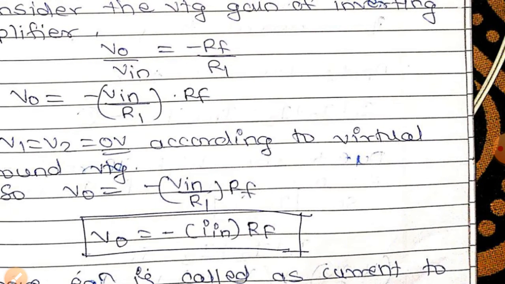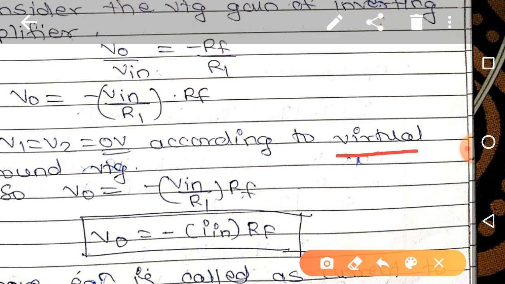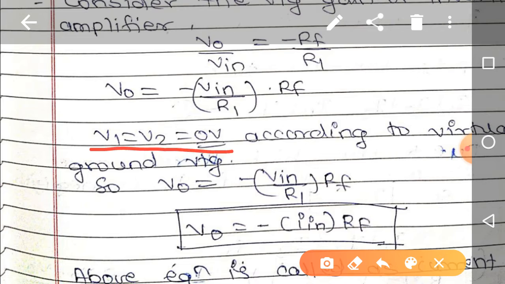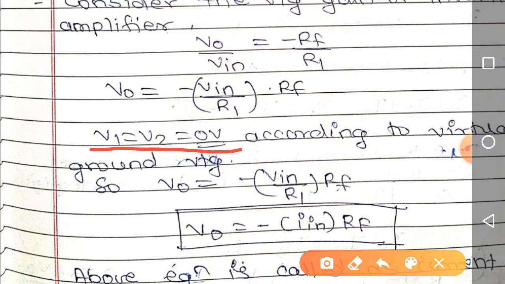Now, according to the virtual ground concept, V1, V2 is equal to 0. Put that value in the above equation. You will get V0 is equal to minus Vin upon R1 dot RF.